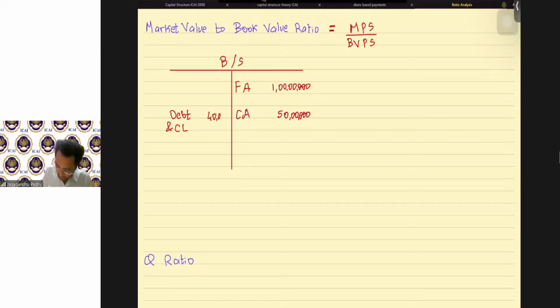So let's say debt and current liability translates to 40 lakh. Of course, whatever is left out over here, or we can say equity share capital, the amount of equity share capital which the company has got, is let's say 50 lakhs, and the reserves, the retained earnings, that amounts to 60 lakh, and that tallies our balance sheet.